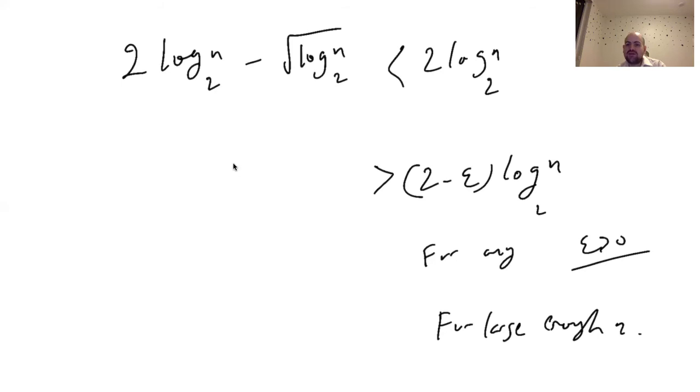Because let's say if epsilon is very small, in the beginning the deduction could be smaller if the coefficient is small. But as n goes to infinity, because log n is of higher order compared to root log n, ultimately the deduction here would become larger.